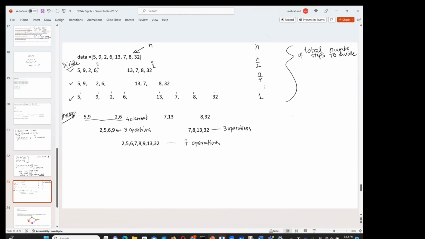From N, if I keep on dividing by 2, how many times do I need to divide by 2 to get to 1? Anyone?